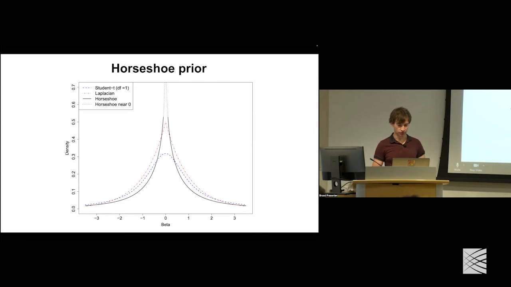You can see the horseshoe actually has a singularity at zero. So these other distributions have finite, bounded density near zero, whereas this horseshoe prior actually has unbounded density near the origin. So it really is placing a lot of posterior mass near the origin. But in other respects, it's similar to these other distributions in the sense that it's fat-tailed, but it strongly prefers putting betas near zero.